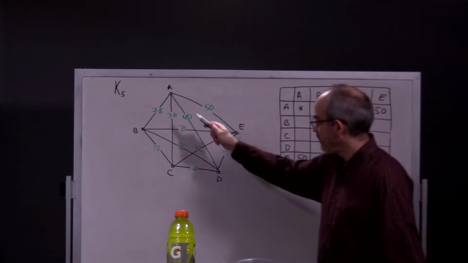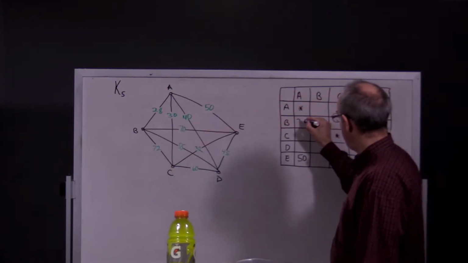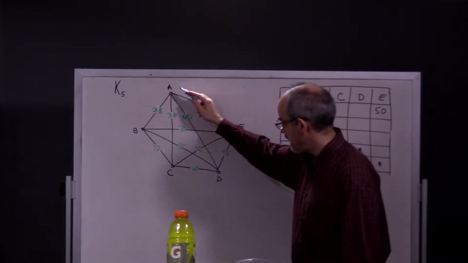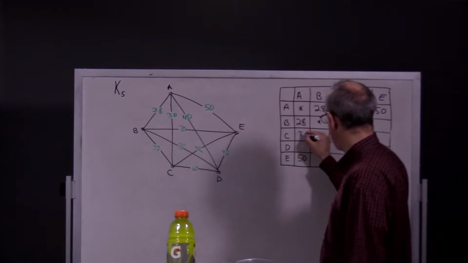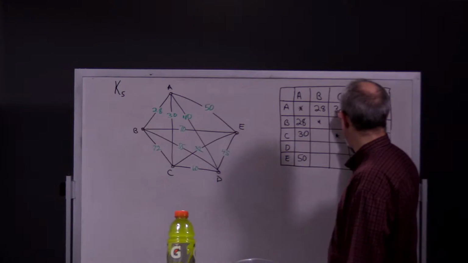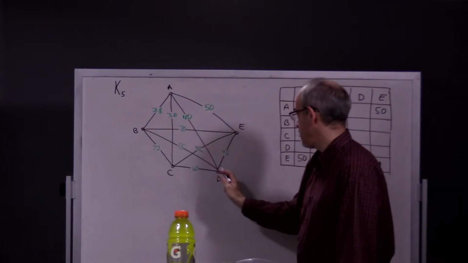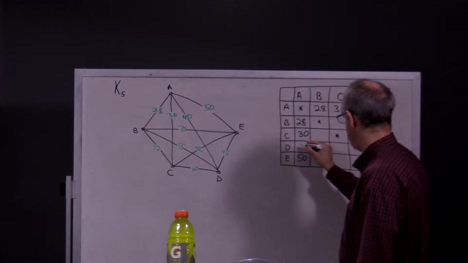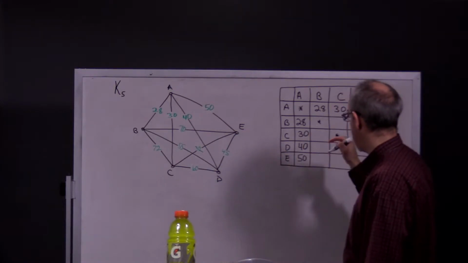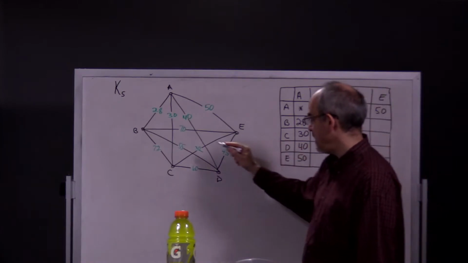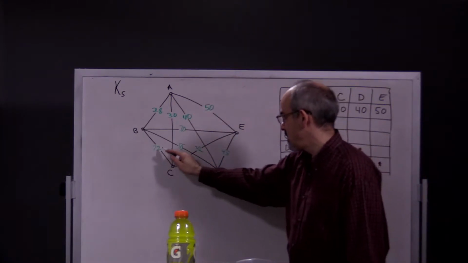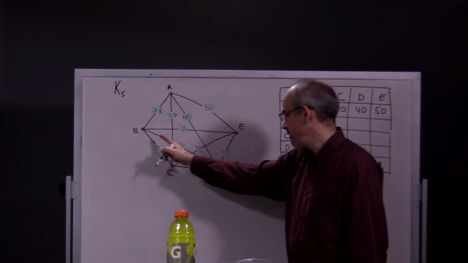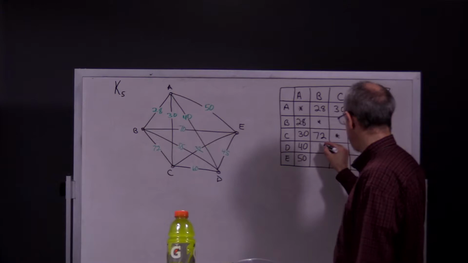A to B is 28, so that goes there and here. A to C is 30. A to D is 40. We already did A to E. B to C, 72. B to D, 55.